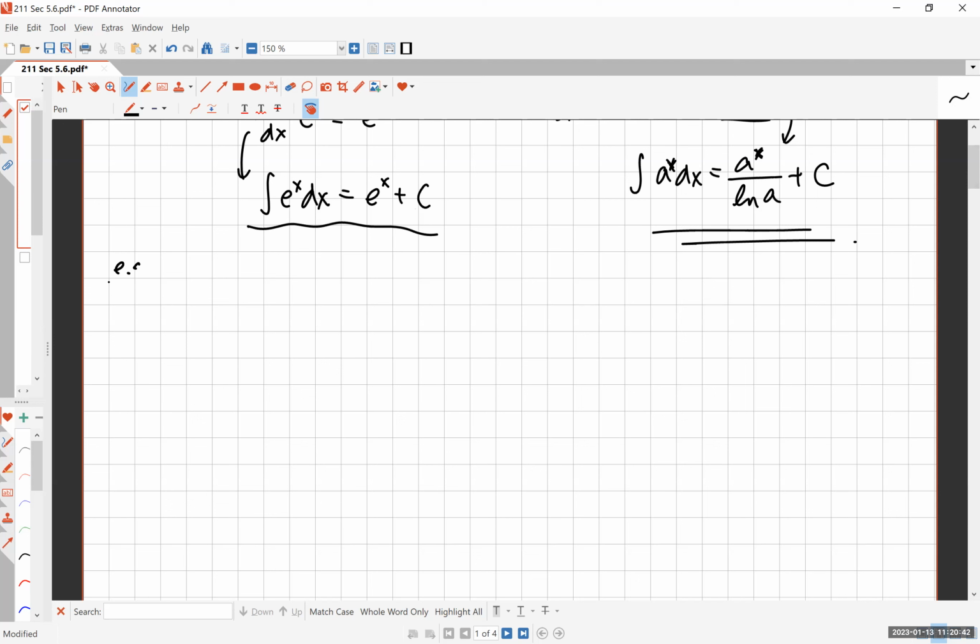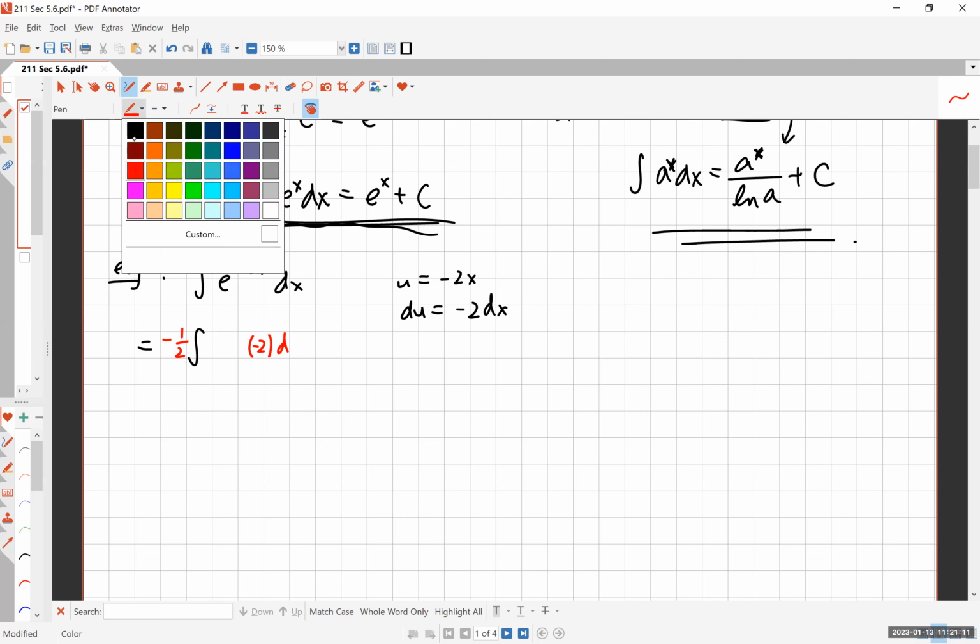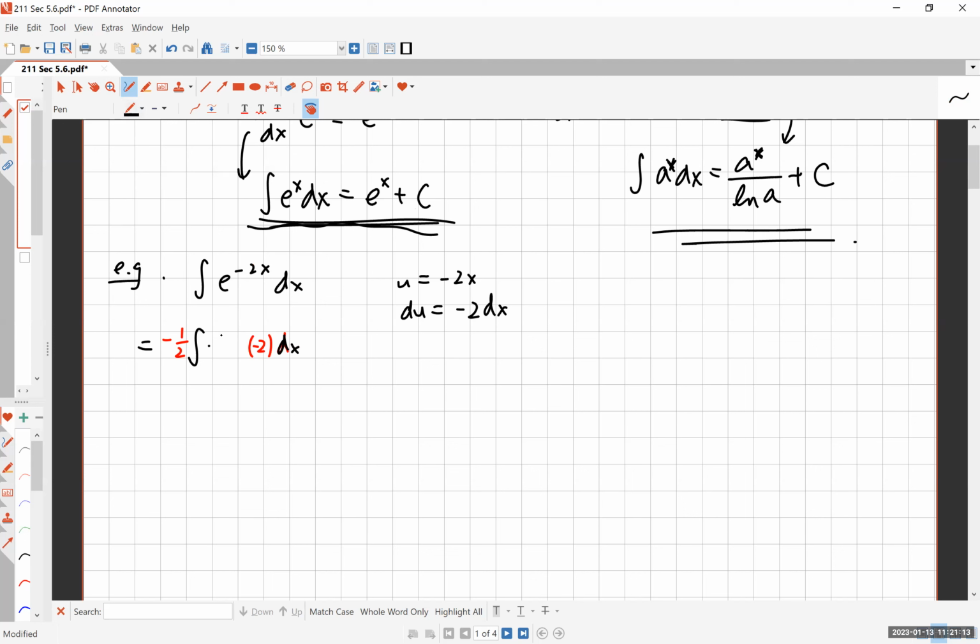Okay, so let's go ahead and do a few examples using this. An easy one first: the integral of e to the negative 2x dx. Now we have full use of the u substitution method, which is one of the most wonderful things. So you can use negative 2x for u, then du is negative 2 dx, okay? And you say, well, I don't see negative 2, but that's fine, as we know. I'm just going to put negative 2 here, and then the whole thing is just du, right?